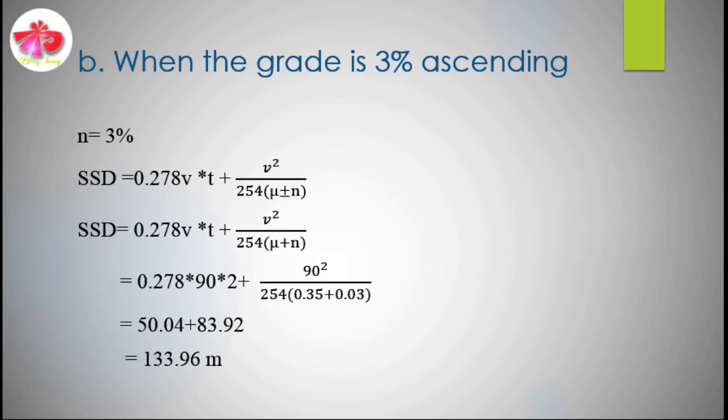Adding them, the total stopping sight distance comes out to be 133.96 meters. One thing we need to note here is that the braking distance is always lesser as compared to the braking distance that we obtained in the descending gradient.